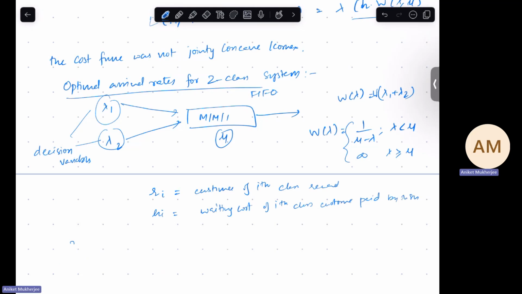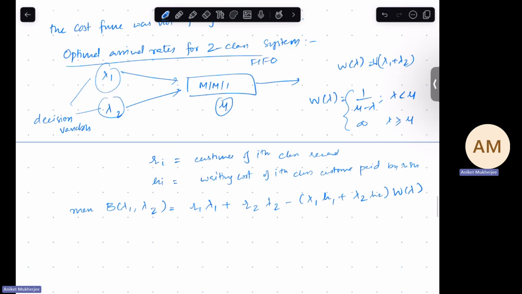So we have to maximize over λ1, λ2 the customer reward of the first class plus the customer reward of the second class, minus (λ1 H1 plus λ2 H2) times W, the expected waiting cost paid by the first class and second class, such that λ1 plus λ2 equals λ, λ1 greater than or equal to 0, λ2 greater than or equal to 0. Now here, λ is fixed. We assume that λ is fixed in the first case.